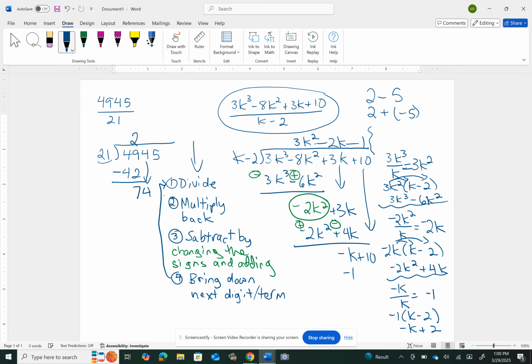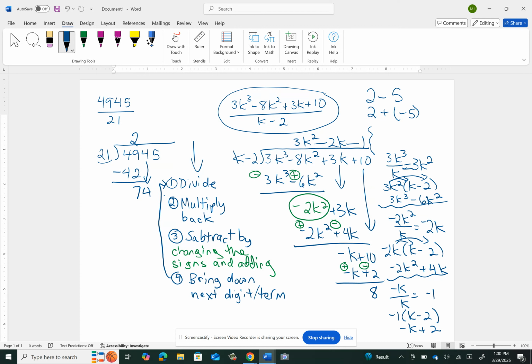So I'm going to line up that, the negative k plus 2, underneath the negative k plus 10, and then I'm ready to do my subtraction. So I'm going to come change my signs, and then negative k and positive k would cancel out, and a positive 10 and a negative 2 would combine to be 8.